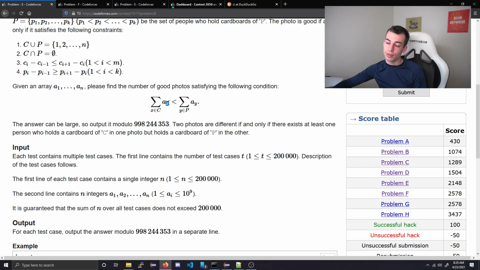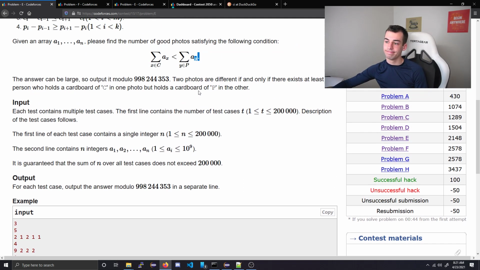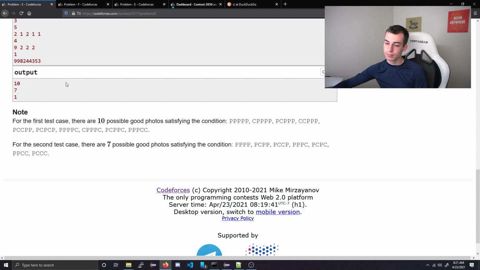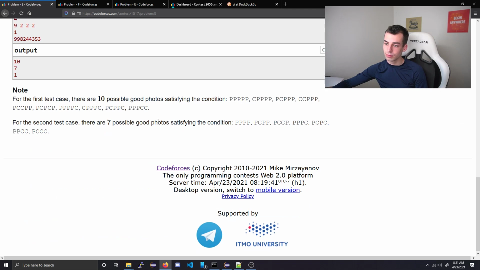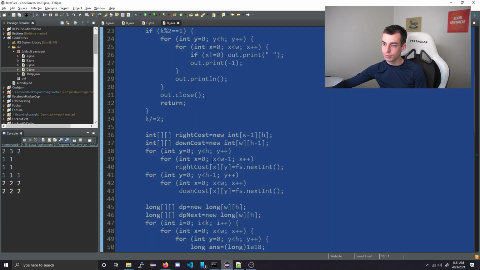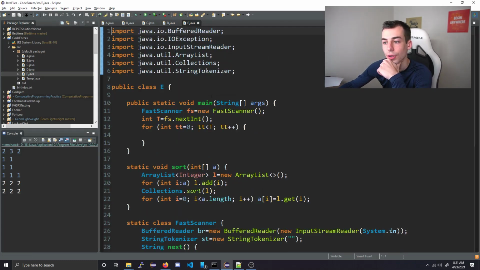The sum of the things that are C is less than the sum of things that are P. I guess let's write a brute forcer to look at all of the ways there are to do something.